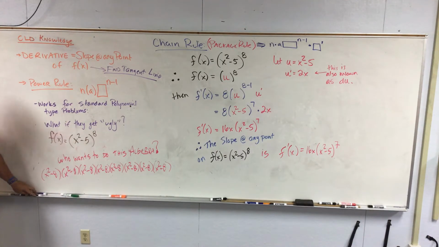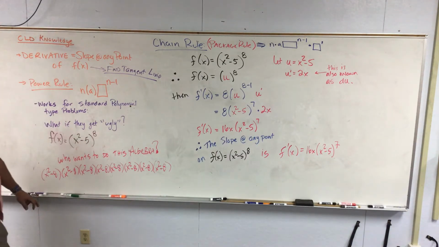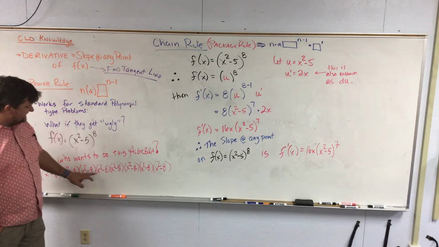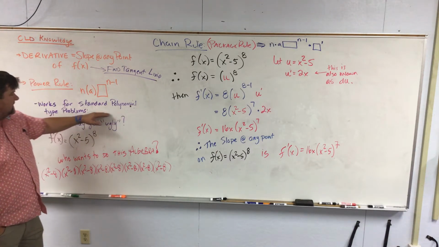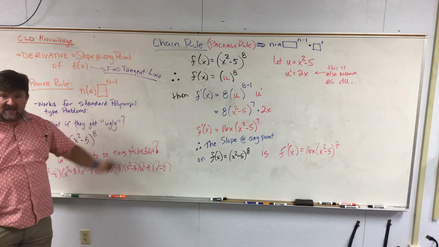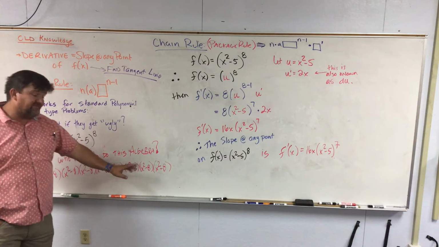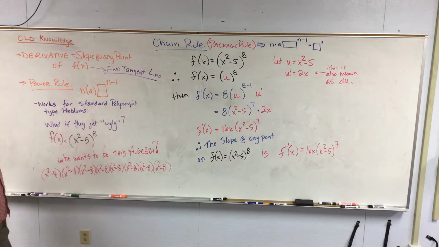Who wants to do this algebra? Multiplying x squared minus 5 by itself 8 times to turn it into a standard looking polynomial with all the powers in a nice row? You can do that if you want, and we'll see it in a couple of weeks when you actually get the right answer. It gets a little ugly after a while.